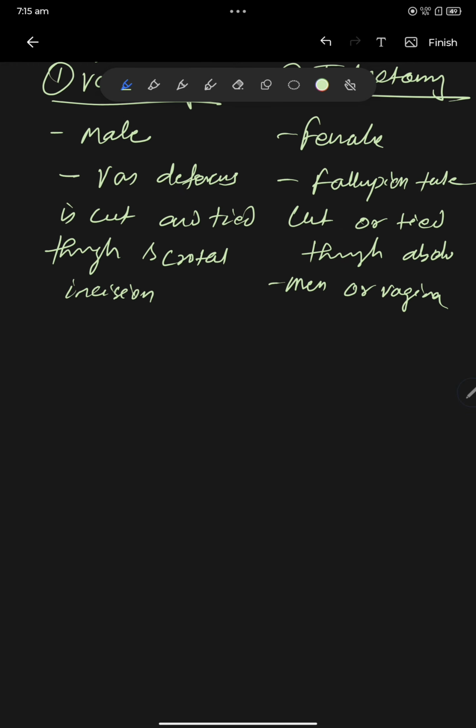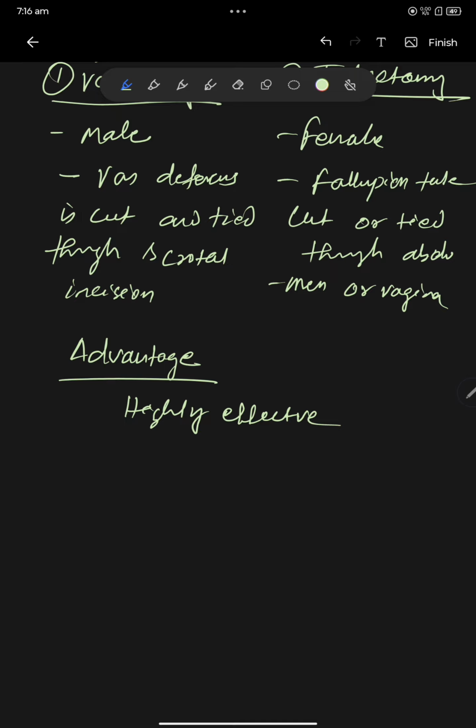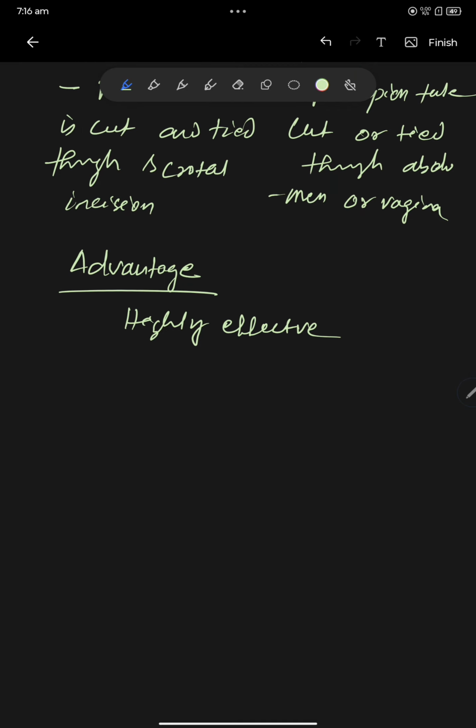Okay, so these are the two surgical methods. And what is its advantage? This is highly effective, but it has the greatest disadvantage: poor reversibility.